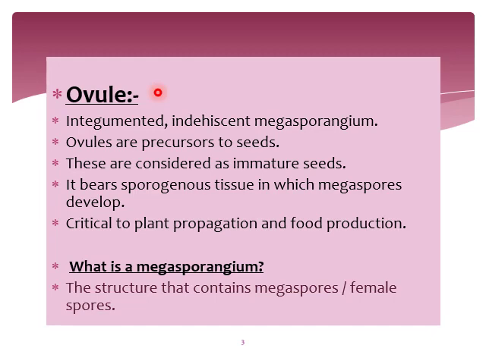Ovules contain sporogenous tissue in which megaspores develop, which ultimately form megasporophyte. Ovule is very important for plant propagation and food production.